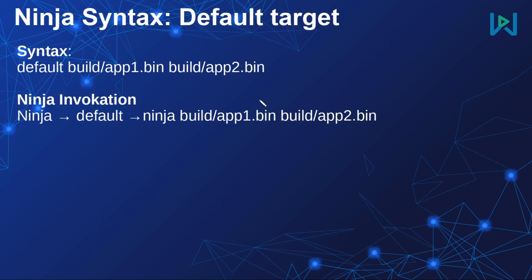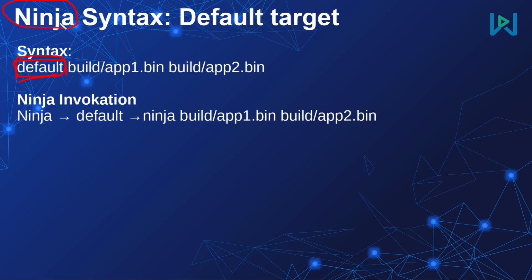To build your Ninja project, you will need to invoke the ninja command to parse the Ninja build file and locate the default build target. The default build target is just a build statement that will be marked with the default keyword.